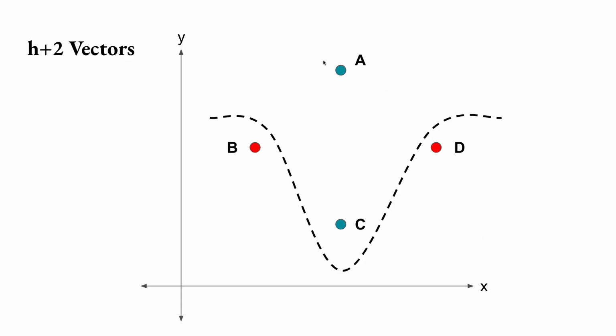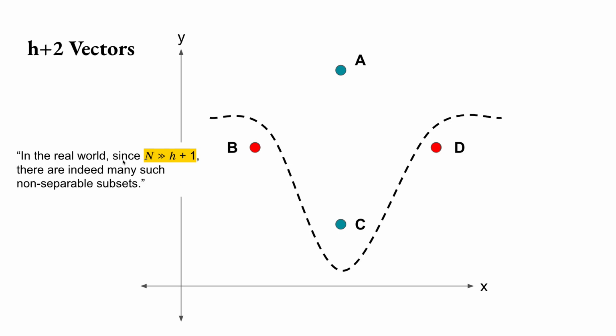So A and B we could separate from DC with a straight line in the middle, so AB DC, BC AD. So we could draw these lines and separate some of them. But here is a configuration, AC and BD, that we can't separate with a linear line. And so we need a nonlinearity. And anytime we need a nonlinearity, we throw a neural net at it, right? So we want some kind of squiggly function, and neural nets are great at approximating that for almost anything.